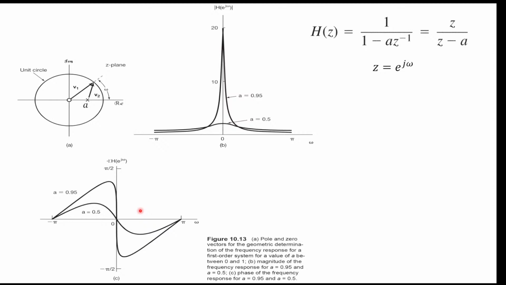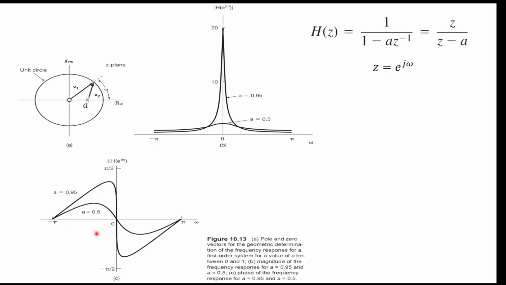If you want to analyze the phase, then you need to subtract the phase of the denominator from the phase of the numerator. Basically when you walk a full circle, the angle on this zero term will go from 0 to 2 pi, and then the angle with respect to this point A will also go from 0 to 2 pi.